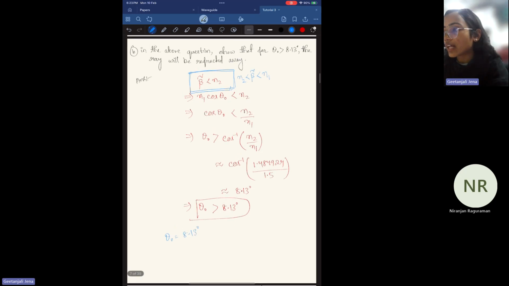One thing you have to remember is that the reflection only occurs whenever the critical condition is satisfied, that is phi is greater than or equal to phi c. Only then will it be reflected back to the core medium. Other than that, it will be refracted away.